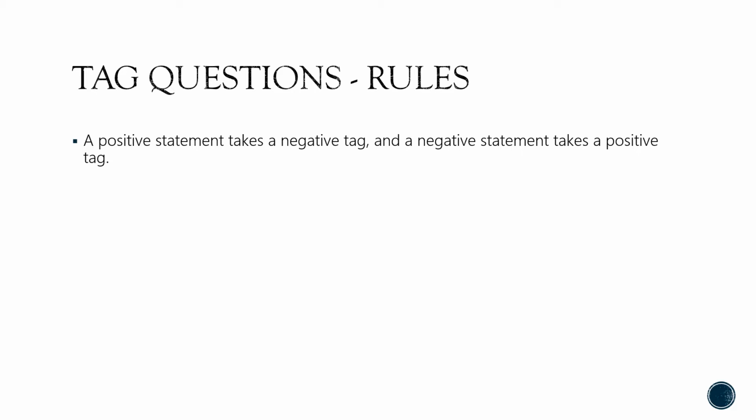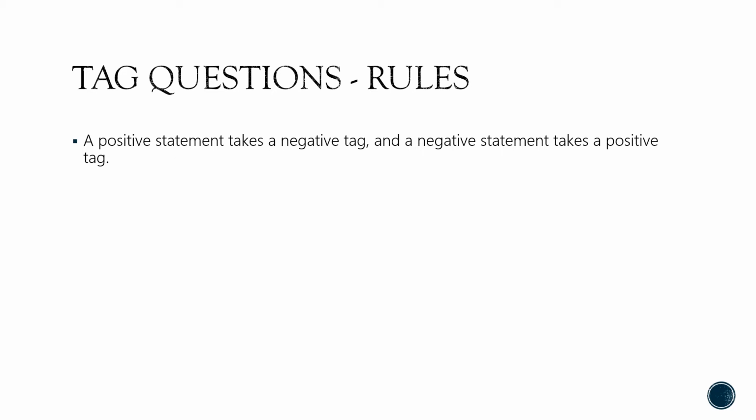The first one. A positive statement takes a negative tag and a negative statement takes a positive tag. Sounds a bit confusing, right? Okay, now listen. Whenever we write a positive sentence or a sentence that does not have a negative word, then the tag will be a negative.